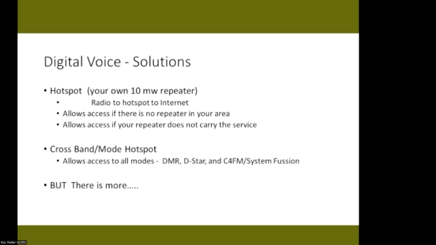So this allows you access if you don't have a repeater in your area, and also allows you to access certain talk groups if the repeater doesn't have it, because you should be able to connect to that.